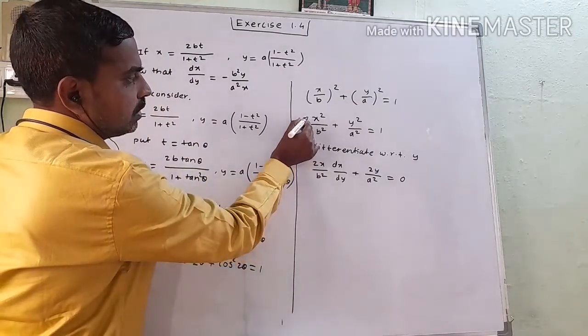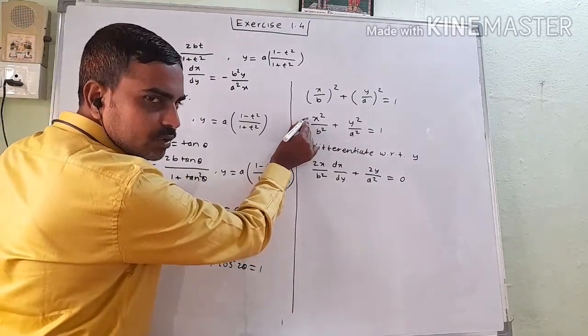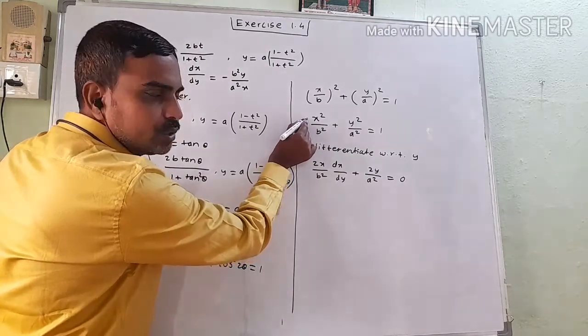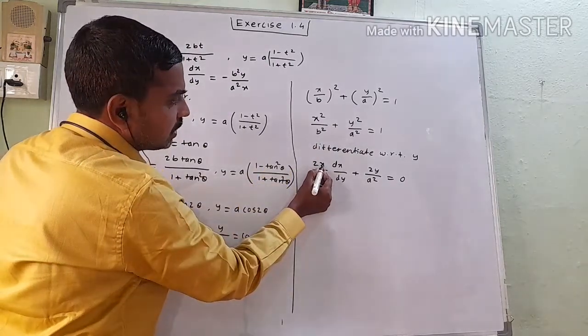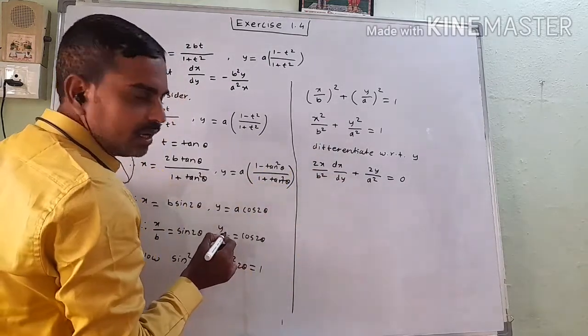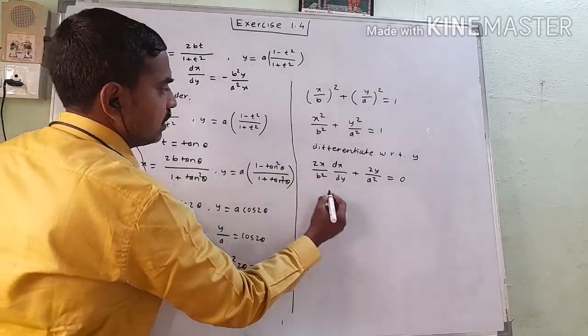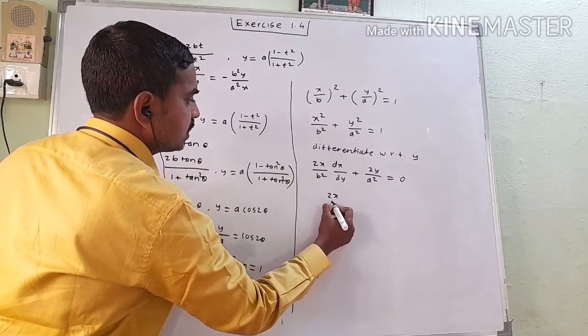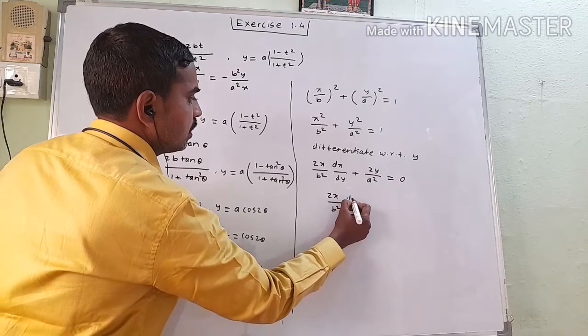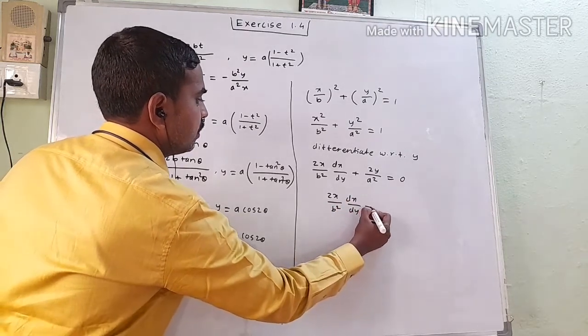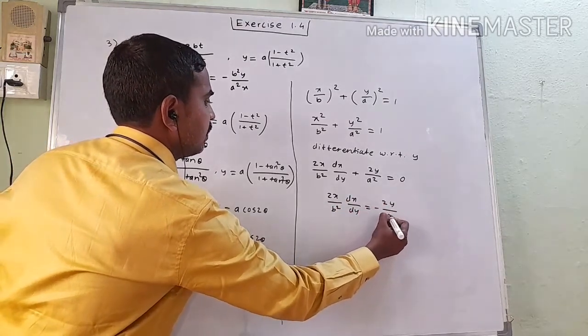The derivative of x square with respect to x is twice x, but the derivative of x square with respect to y is twice x into dx by dy. Now twice x divided by b square times dx by dy equal to minus twice y divided by a square.